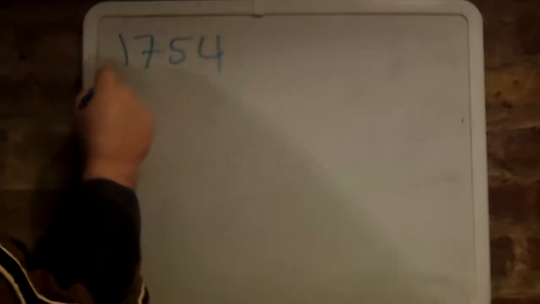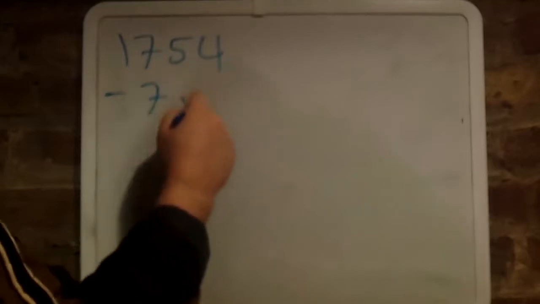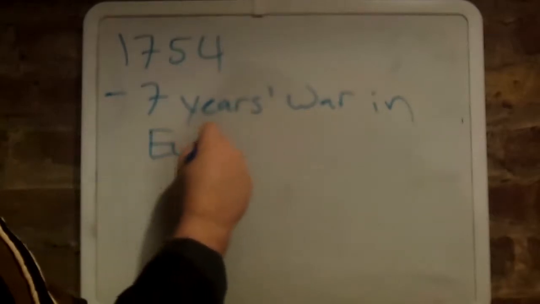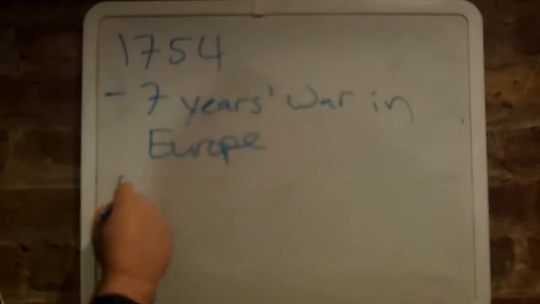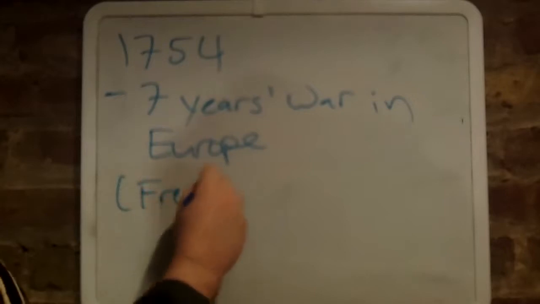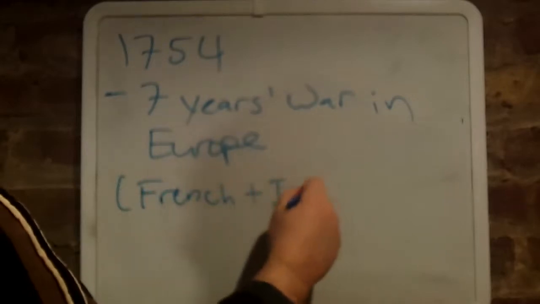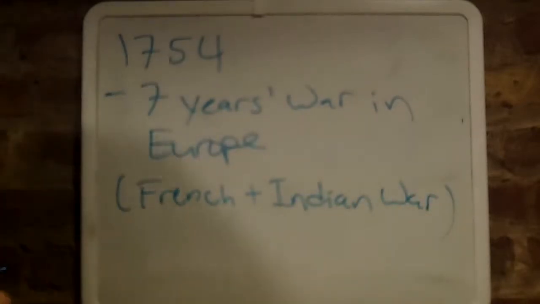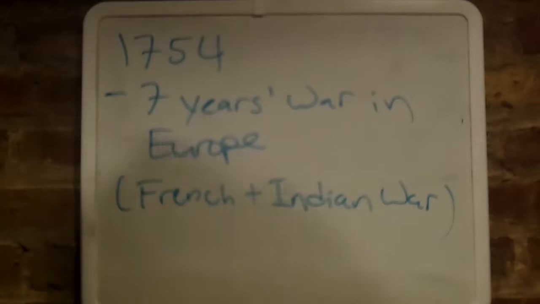Okay, so then we come to a pivotal year, about 1754. This year we have the Seven Years' War in Europe, which in North America was called the French and Indian War. The main rivals in North America at this time were the French and the English.